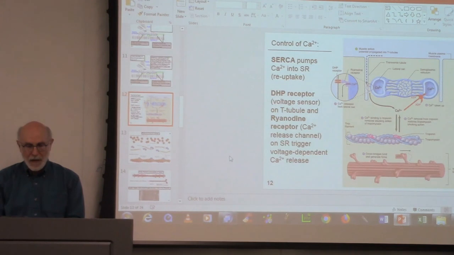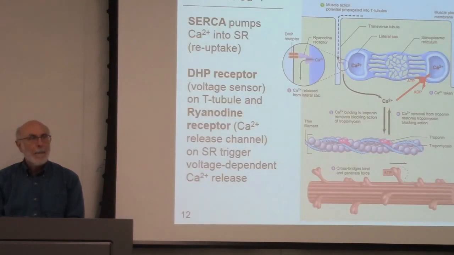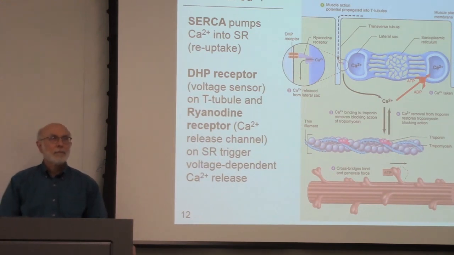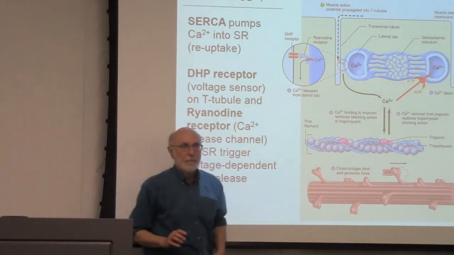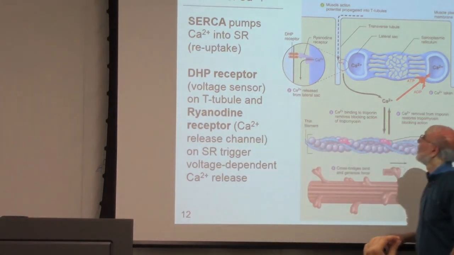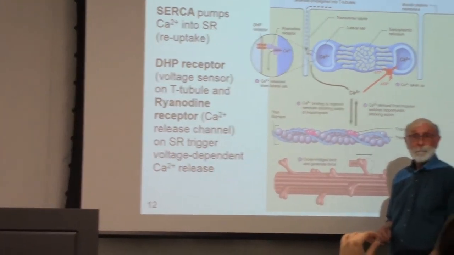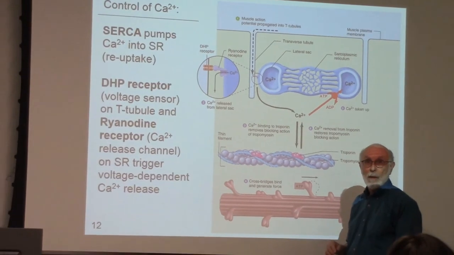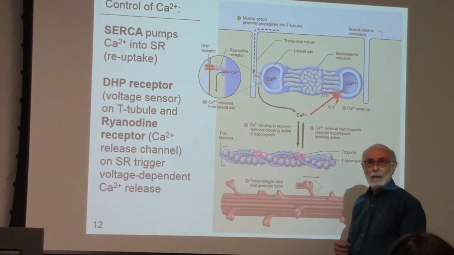Is this a slide that would help? Yeah, my question was about the ryanodine receptor. I know we went over this in lecture, but is that just the little thing that connects the DHP to the calcium receptor?